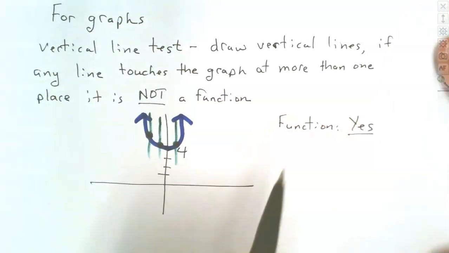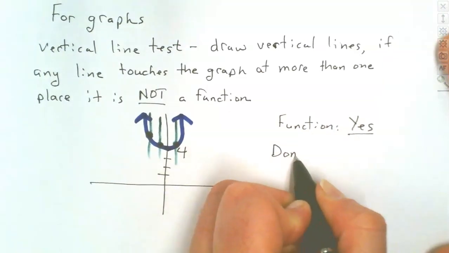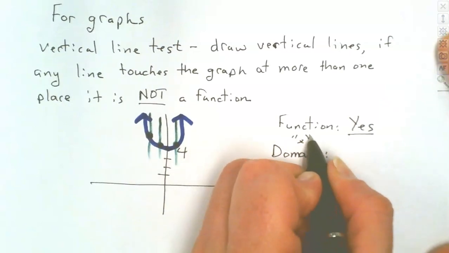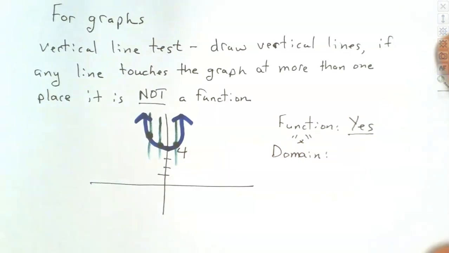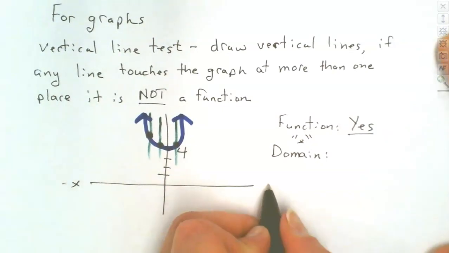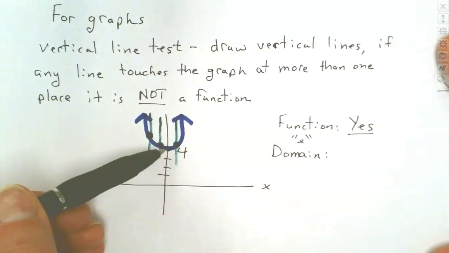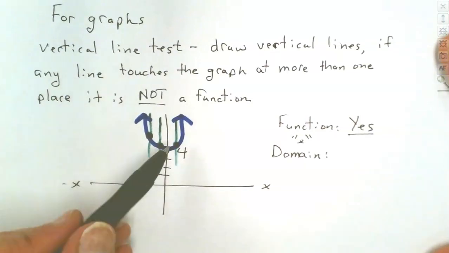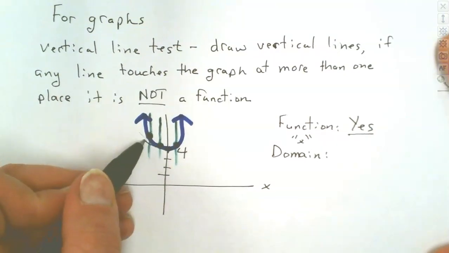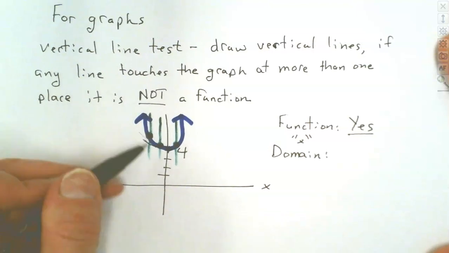Now, what about the domain? The domain is the values of x. And this is your x-axis here. If I look at my graph, so I'm going to start here. If I look at my graph, what's it doing? It's going up, and it's going where? This way, it's going back to the left.